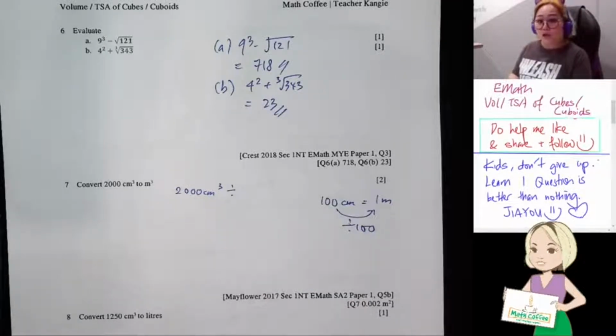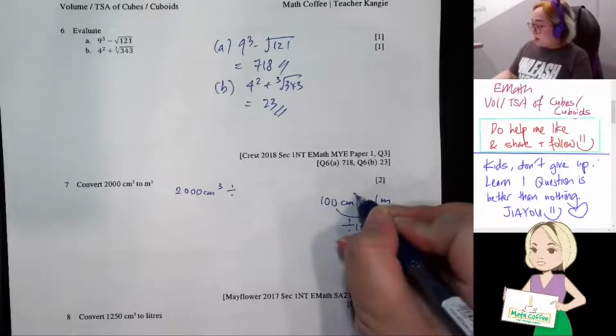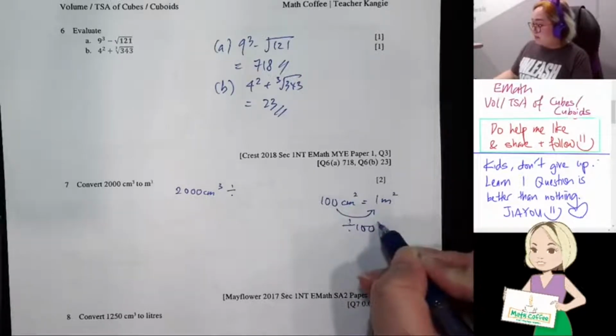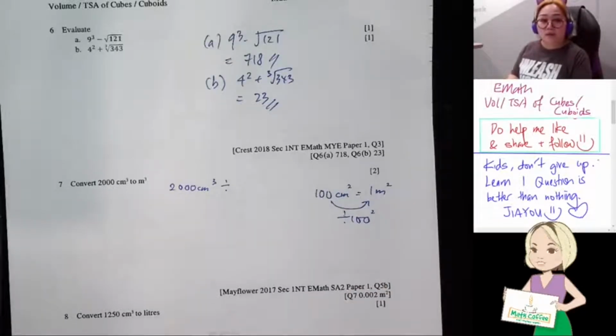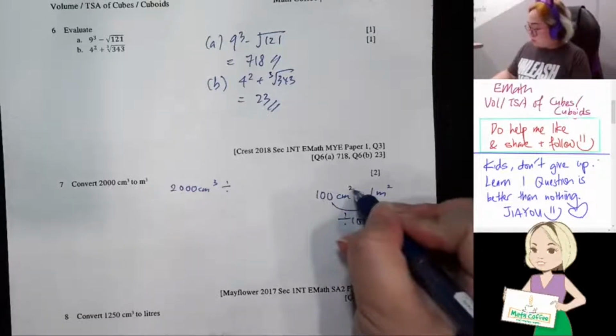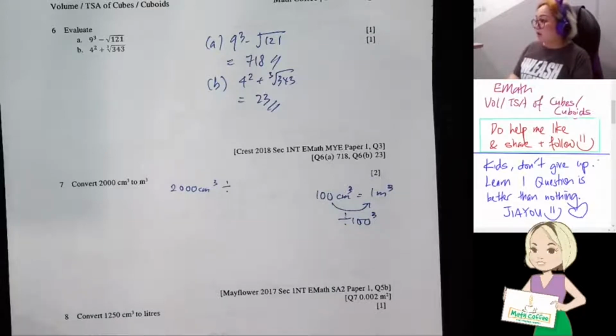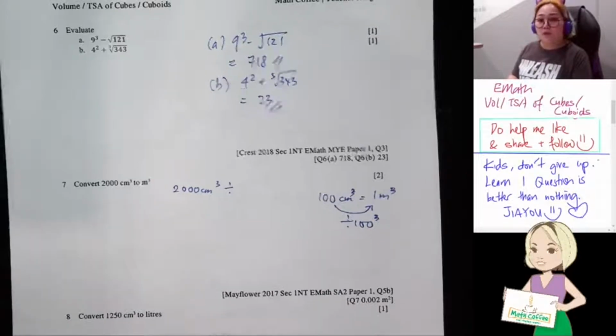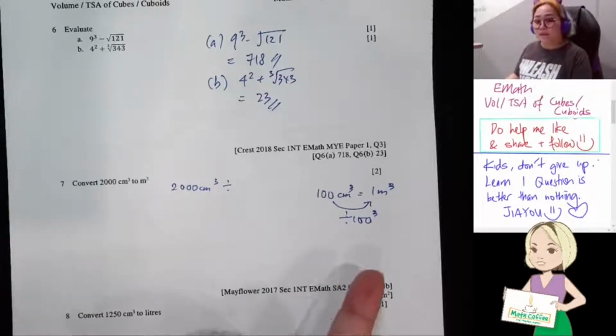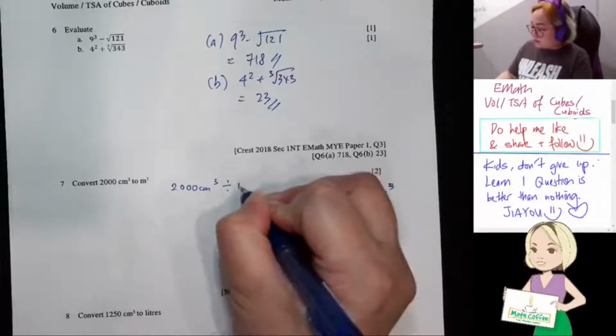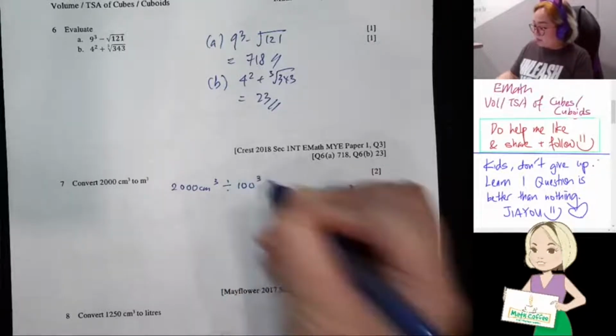So if it is squared, I simply divide by 100 squared. If it's cubed, I just divide by 100 to the power of 3. Okay, this is easier to remember.